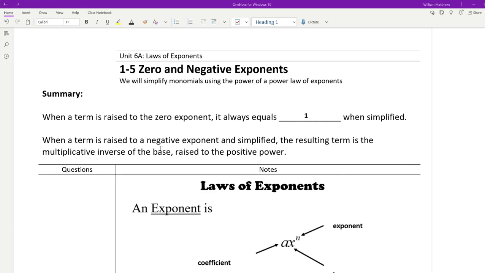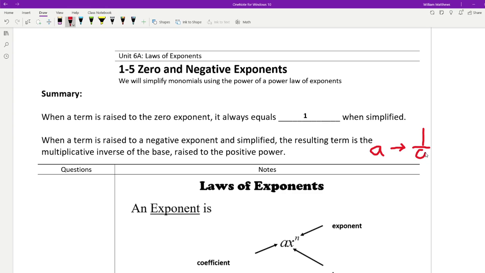When a term is raised to a negative exponent and simplified, the resulting term is a multiplicative inverse of a base raised to the positive power. What this means is if I have some number a, its multiplicative inverse is what number it could be multiplied by to equal 1.